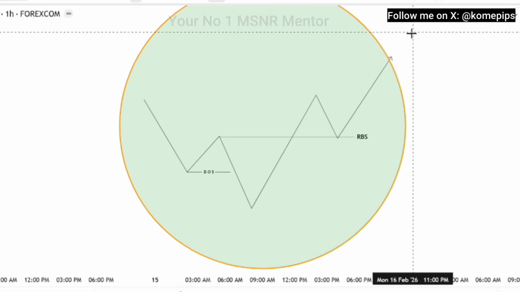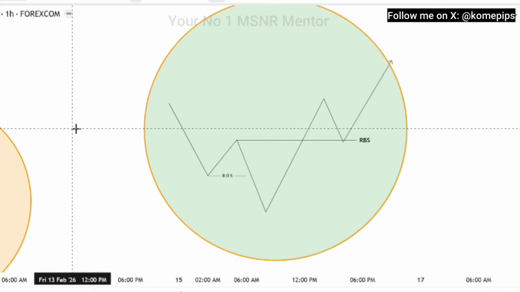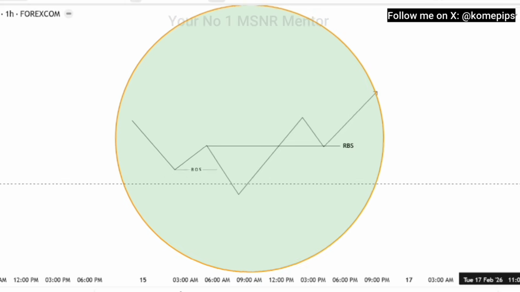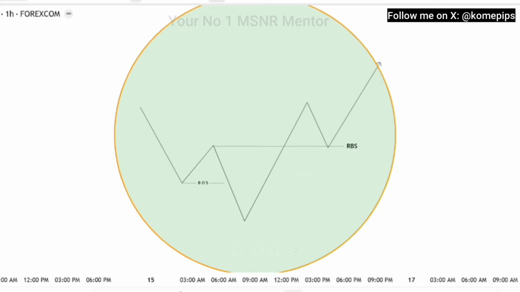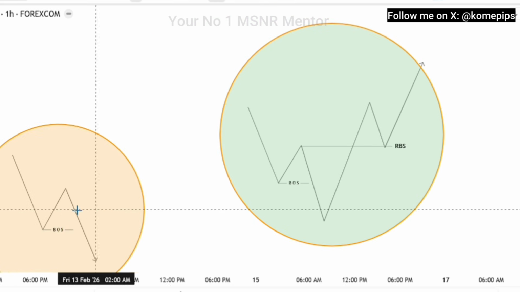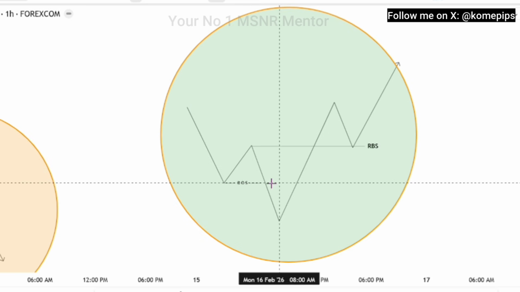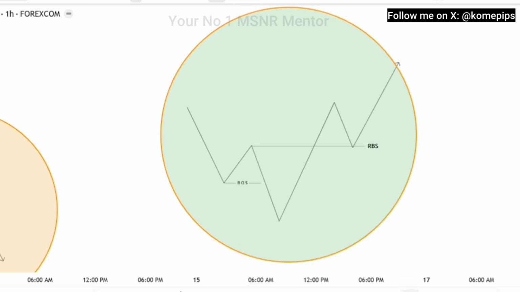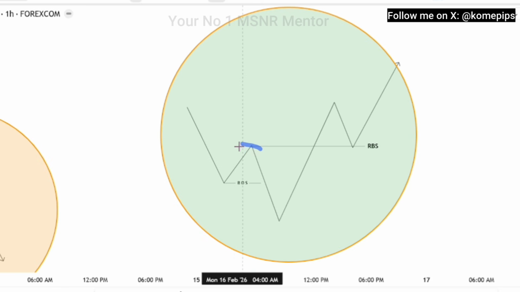Let's come to this example, or rather this diagram. This is a diagram that I made for you guys, and one of the things you see is the break of structure, which I already talked about. Once you've identified this break of structure, the swing that caused it is a resistance to the downside in this scenario.